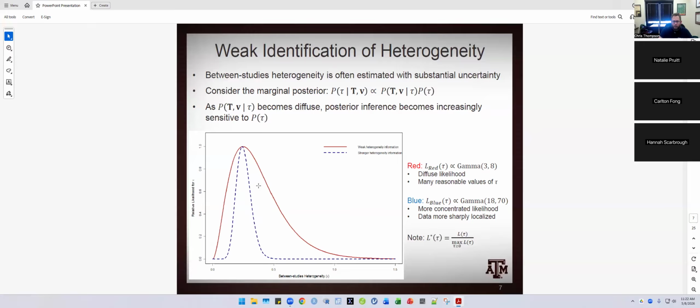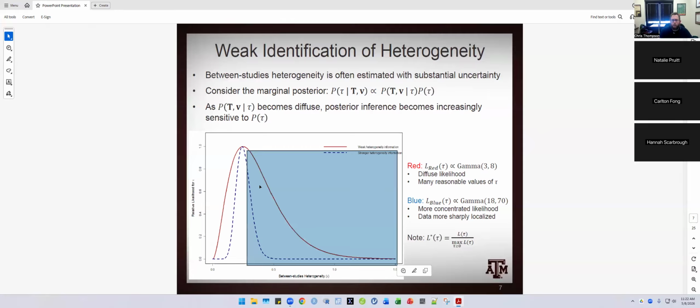And here we see that when this likelihood that's in blue or dashed is given stronger information about tau, we see that the localization of the mass tends to be tighter. And along with that, the expansiveness or the action, quote unquote, if you will, in the tails is very reduced.